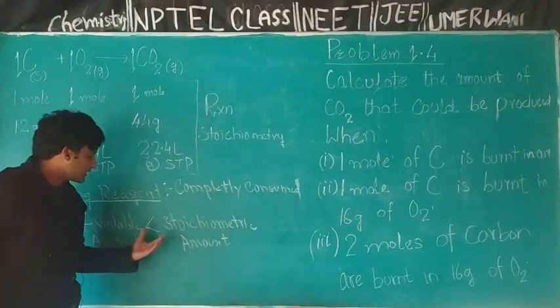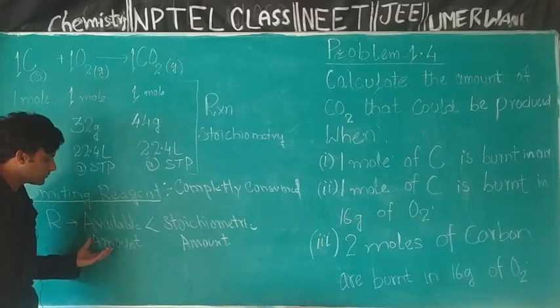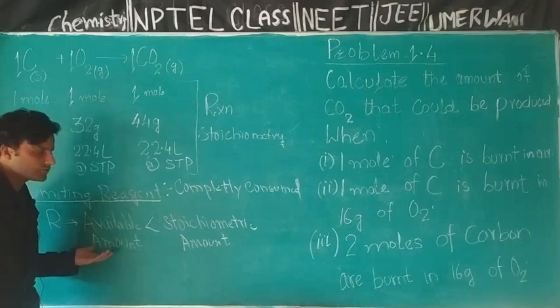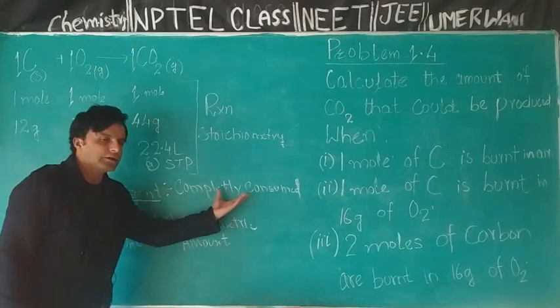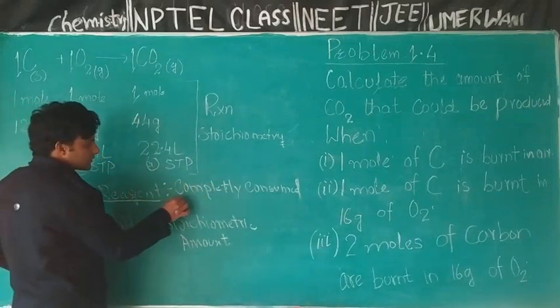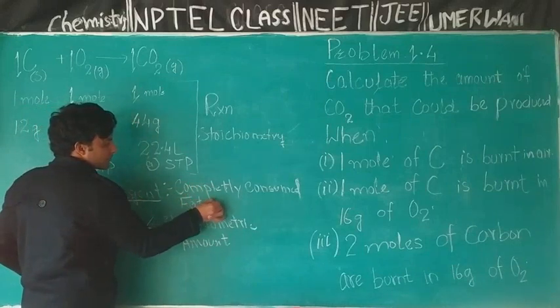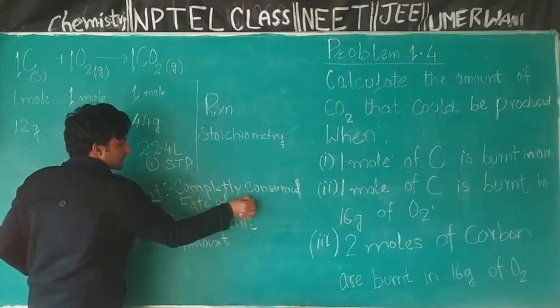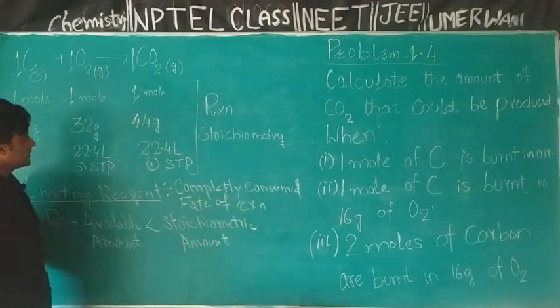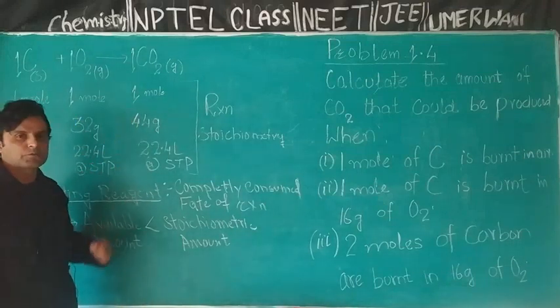Whatever available amount we take of this reactant to start a reaction, it is completely consumed. It gets completely reacted, and it decides the fate of the reaction. By fate of reaction I mean the limiting reagent decides the amount of other reactant that will be consumed and the amount of product formed.